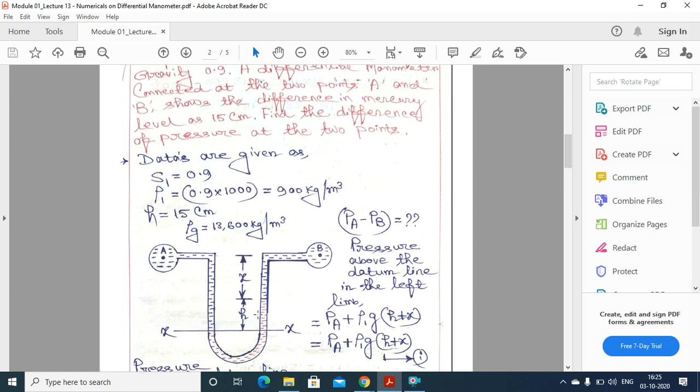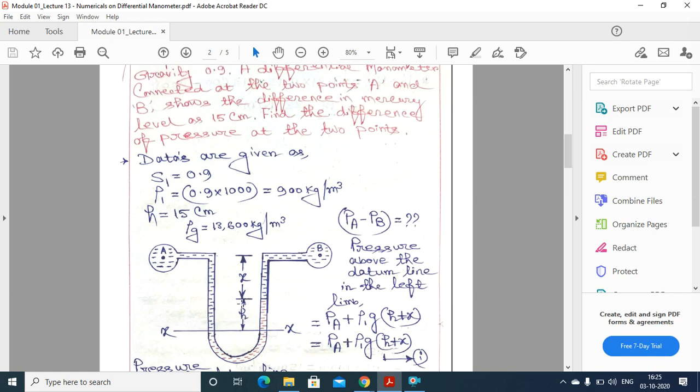The difference between the mercury levels in these two limbs is denoted by small h, and small h is equal to 15 centimeter. That data is given.